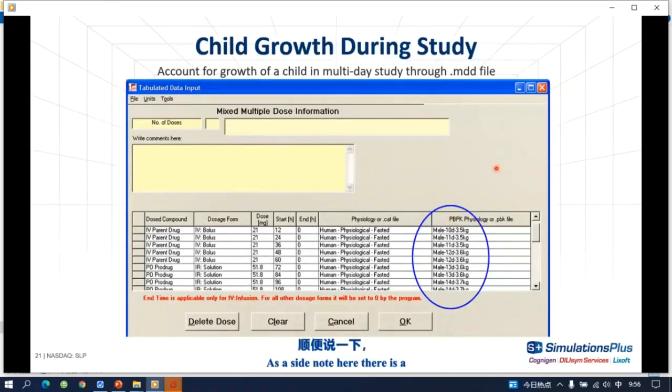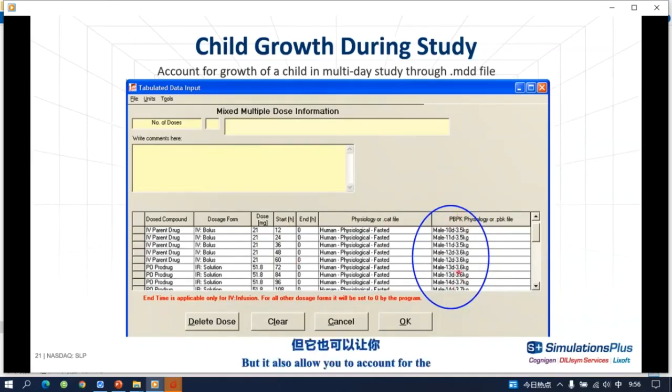As a side note here, there is a capability actually in GastroPlus through our mixed multiple doses profile. For those of you who have some familiarity with GastroPlus, you might know that we have this mixed multiple dose functionality that allows you to have irregular dosing, change the doses over time, change between fasted and fed physiologies and so on.